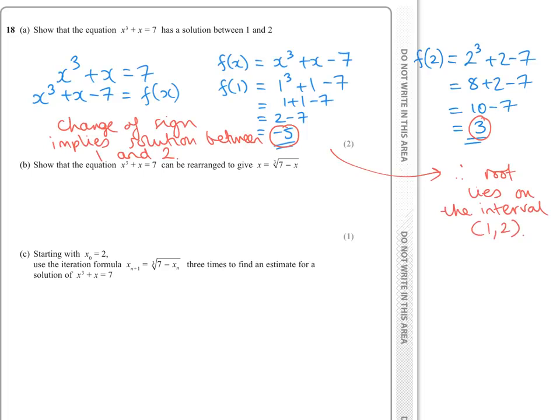Okay, right, so part B, we need to show that the equation x cubed plus x equals 7 can be written as x equals the cube root of 7 minus x. Okay, so that's what you want to show.